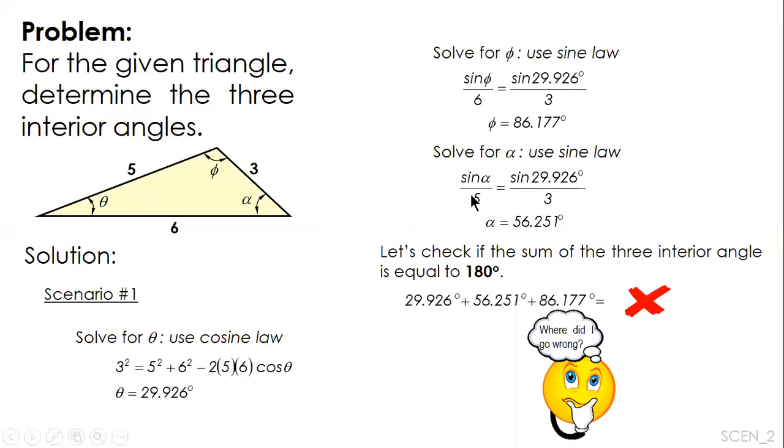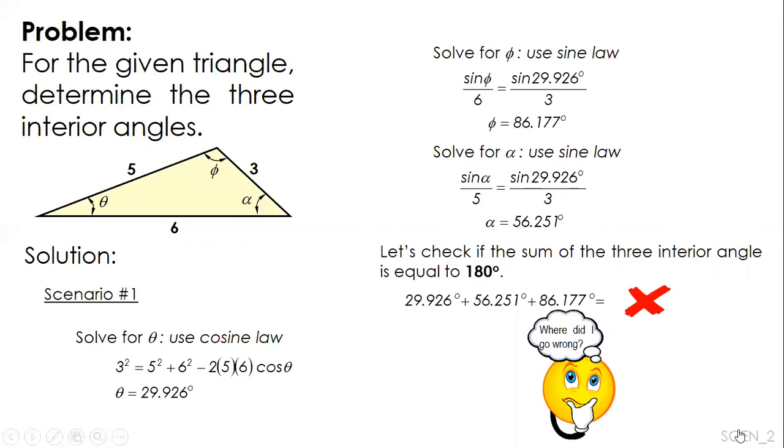And worse, with the wrong procedure, after solving for theta, you solve for phi, and then in solving for alpha, you use 180 minus the two angles, which are already wrong. So there are two wrongs. Wrong phi, and wrong alpha too.